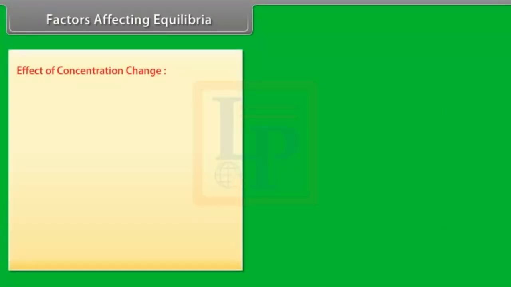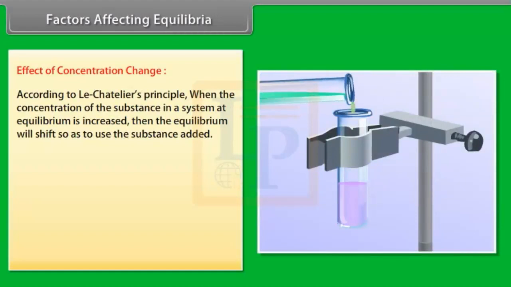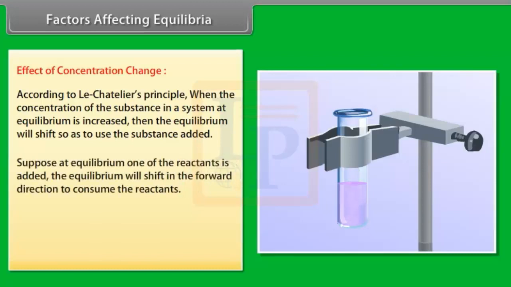Effect of concentration change. According to Le Chatelier's principle, when the concentration of the substance in a system at equilibrium is increased, then the equilibrium will shift so as to use the substance added. Suppose at equilibrium, one of the reactants is added. The equilibrium will shift in the forward direction to consume the reactants.